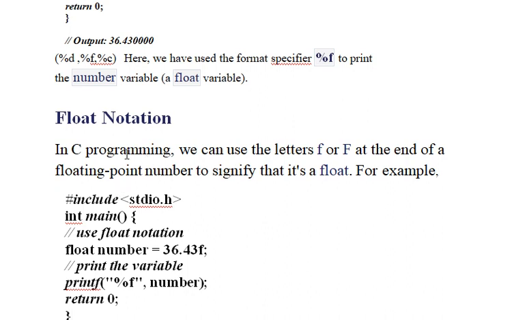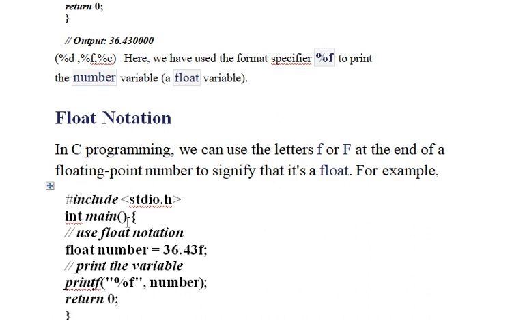What is floating notation? In C programming, we can use the letter F, small letter or capital letter, at the end of a floating point number. Why? To signify that it's a float. For example, here we are seeing include stdio.h.